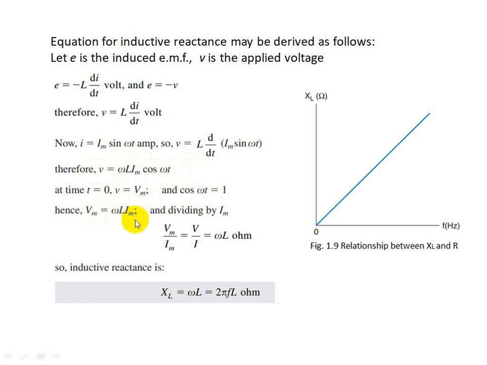If you want to get the inductive reactance, divide Vm by Im. This will also be equal to Vrms divided by Irms. So this will be equal to omega into L, and its unit is ohms. Therefore, this is denoted as XL. XL is inductive reactance. It is omega L, which is nothing but 2 pi f L, since omega is 2 pi f.